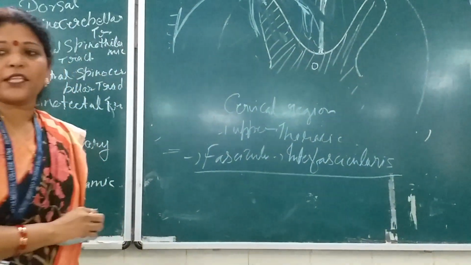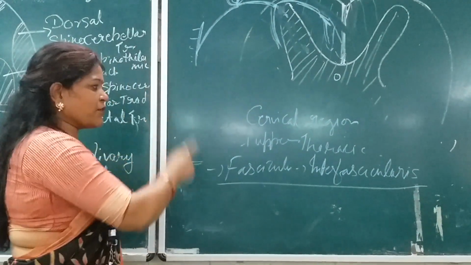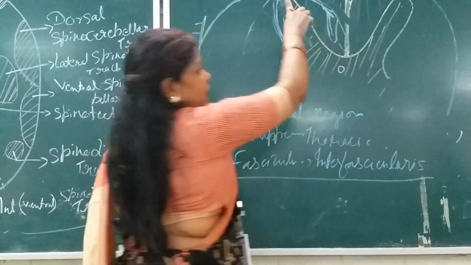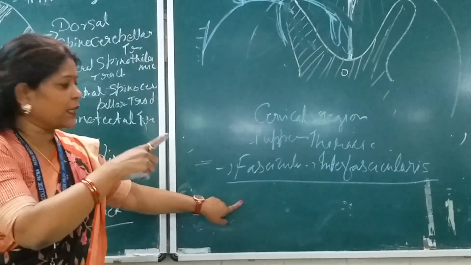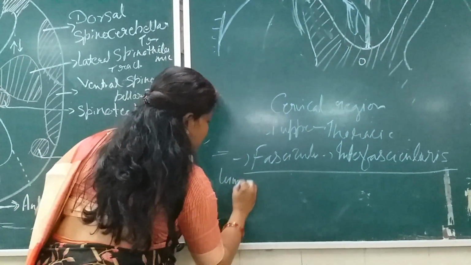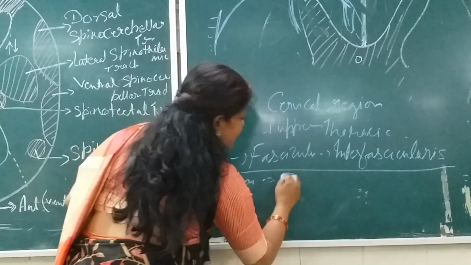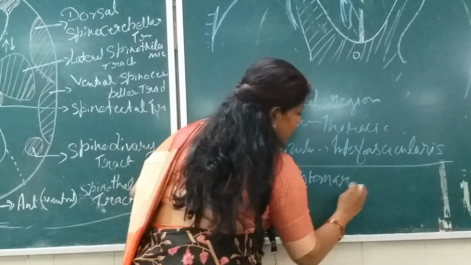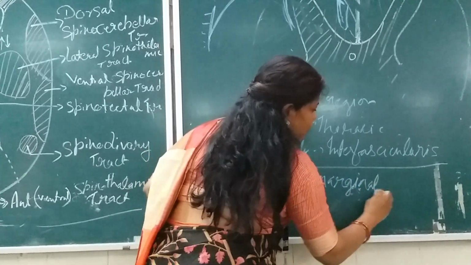If the descending axons of the medial division of the same fibers are present in the lumbar region, then it is known as what? Lumbar septo-marginal fasciculus. Septo-marginal fasciculus.